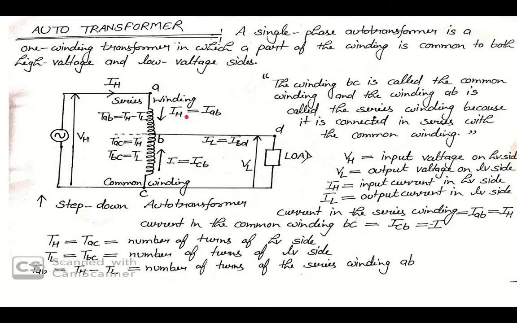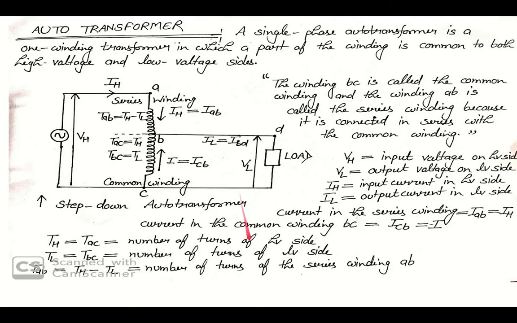Here IH is the input current on the high voltage side, and IL is the output current on the low voltage side. Current in the series winding IAB is equal to IH, and current in the common winding BC is ICB.